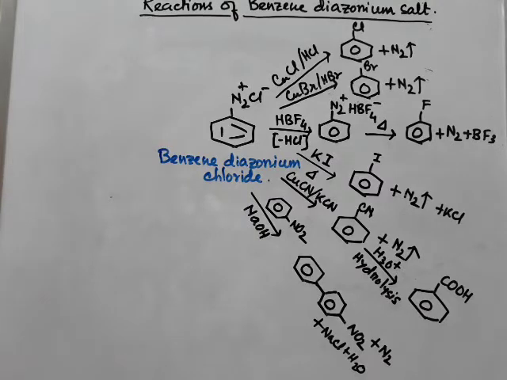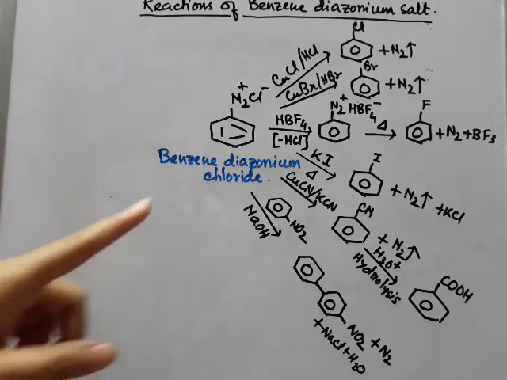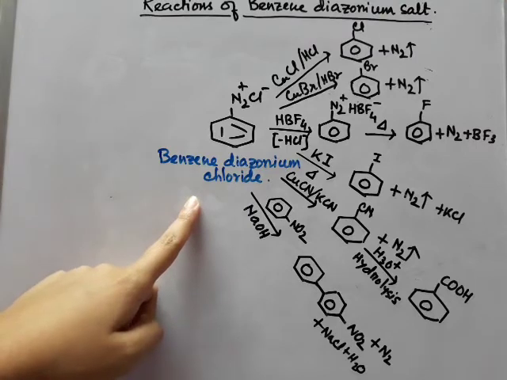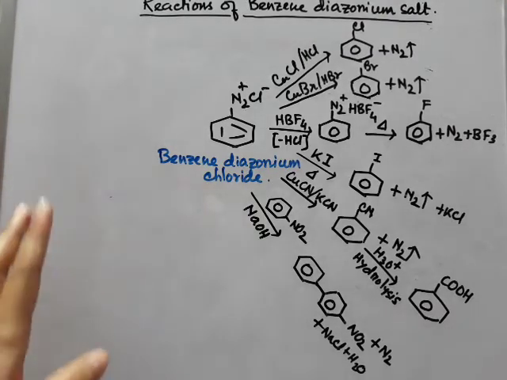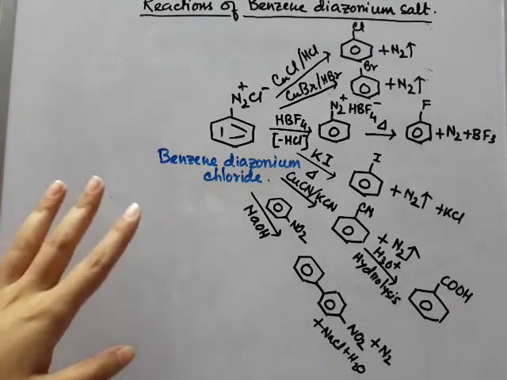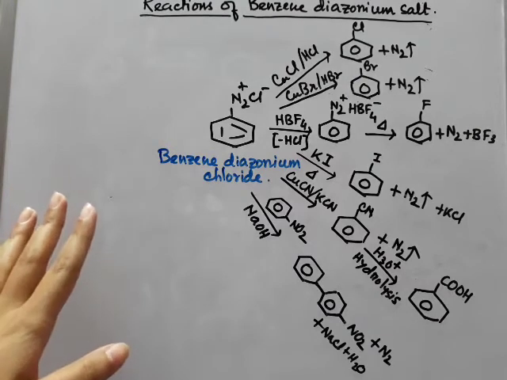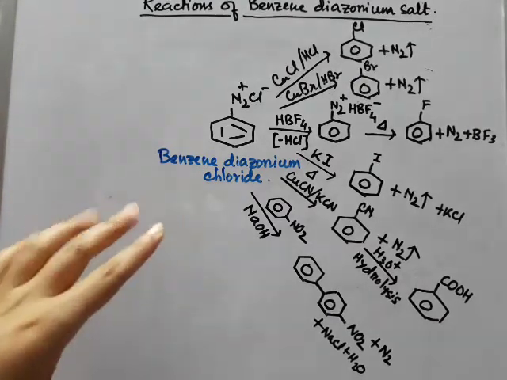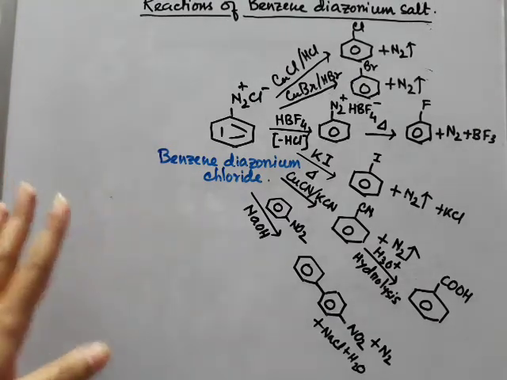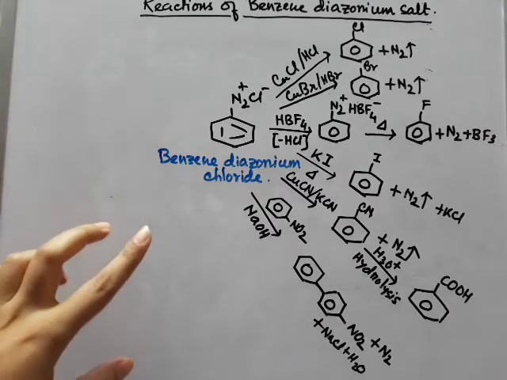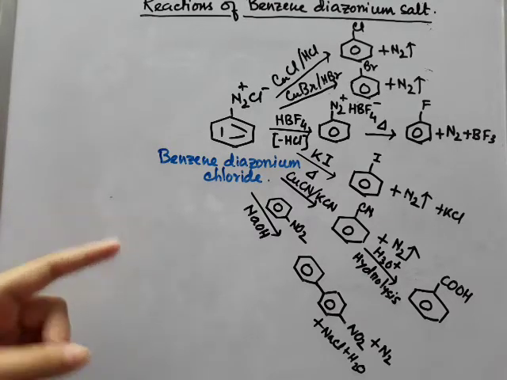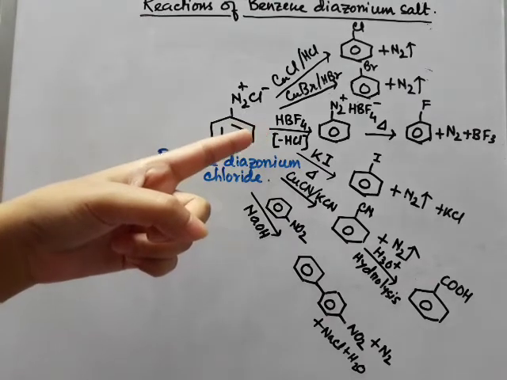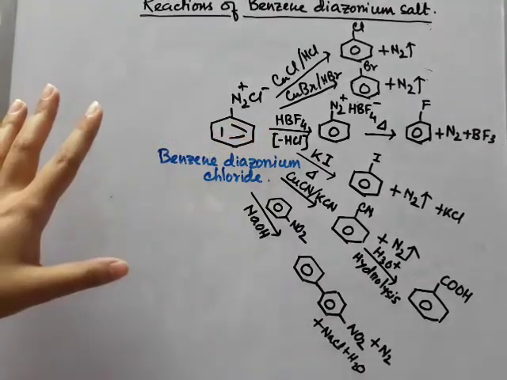In my previous video I have already told you that benzene diazonium chloride is readily soluble in cold water, but when this diazonium salt solution is slowly added to boiling water acidified with dilute sulfuric acid, or when highly acidified diazonium salt solution is heated, that salt is hydrolyzed along with the replacement of this N2+ Cl- group by a hydroxy group.